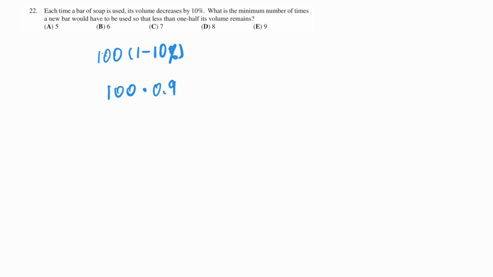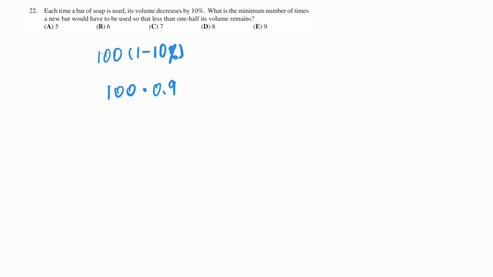So that's the remainder for the first time. Now think about the logic. If each time it decreased by 10 cubic units, 5 times would be exactly half, 1/2 the volume remaining. But it must be less than 1/2, so it must be greater than the 5th time.